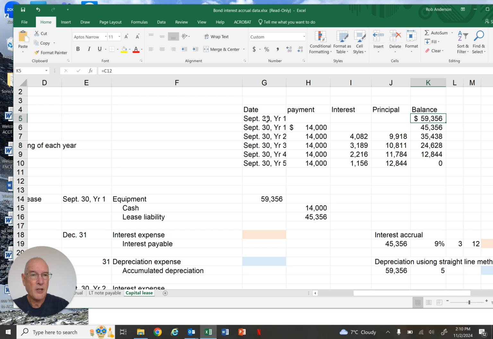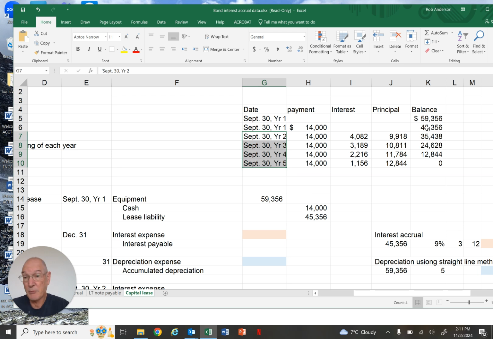This is September 30, year 1. Note, the first payment is also September 30, year 1, so the full $14,000 reduces the liability of that lease. We just take the $14,000 off, and we're only going to be charged interest on $45,000. Here are your 4 more payments, 1 payment a year every September 30.